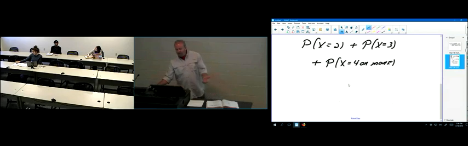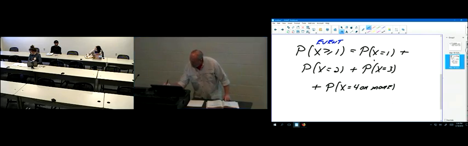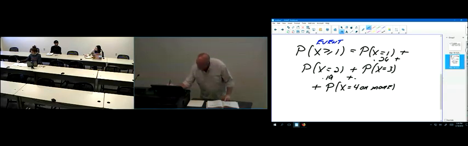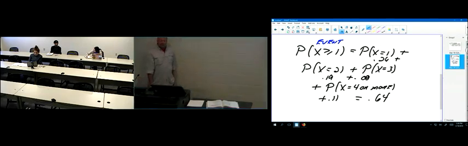If you'll notice, all I'm doing is adding up the outcomes that make up that event, at least 1. So I would add together 0.26 plus 0.19 plus 0.08 plus 0.11. My answer should be the same as I did the other way.